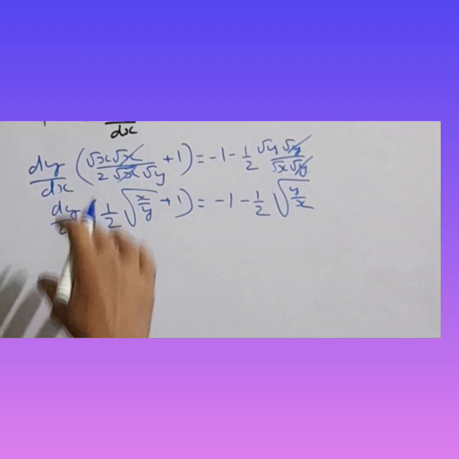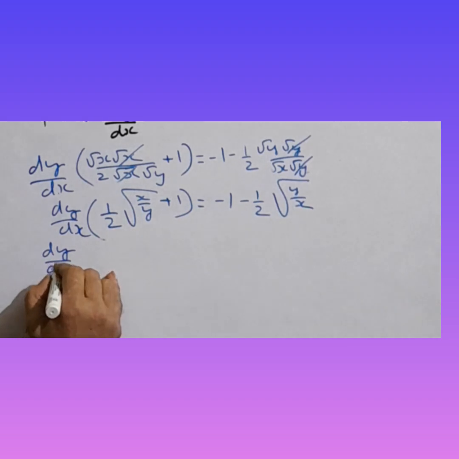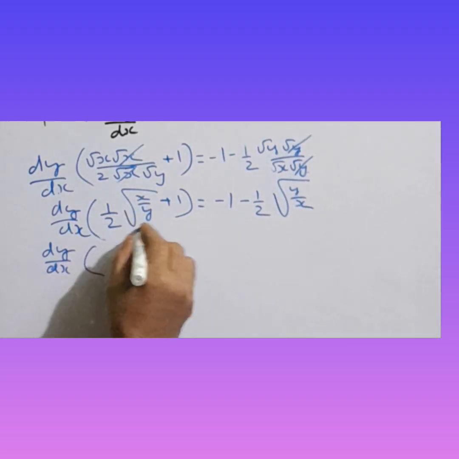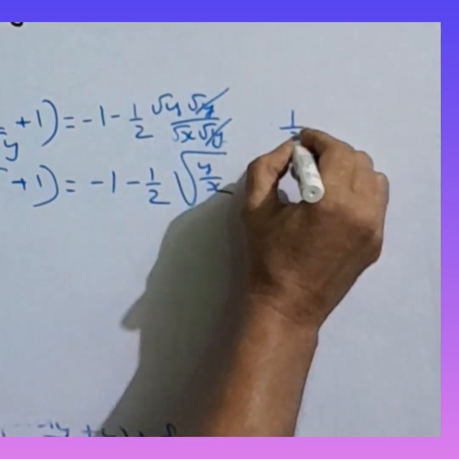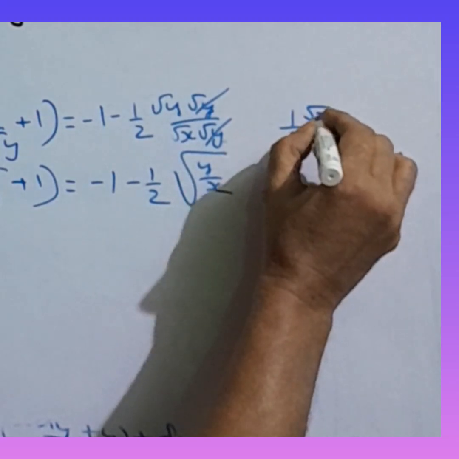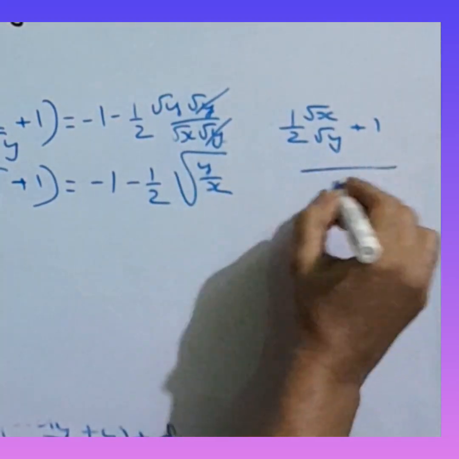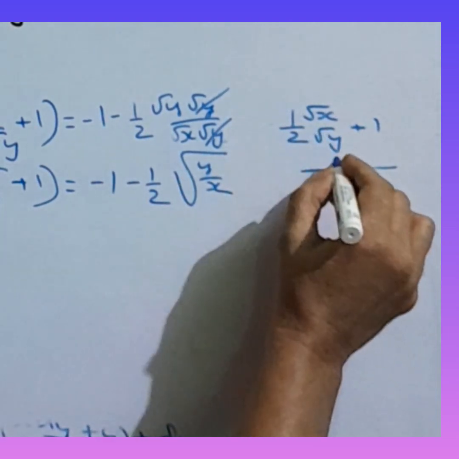Now what I do is take the LCM. So this is 1 by 2. So if I do it here, it is like say 1 by 2 root y, and upper we have root x at the top, plus 1. So LCM is 2 root y, and here it is 2 root y.